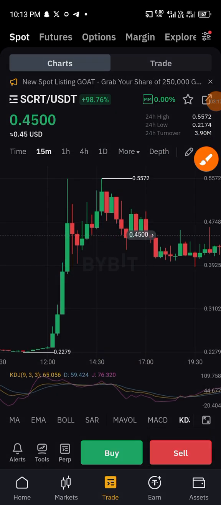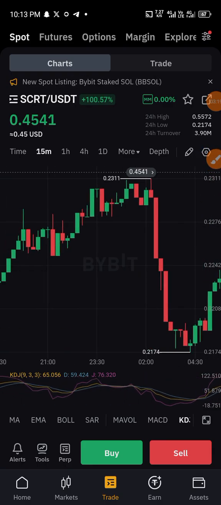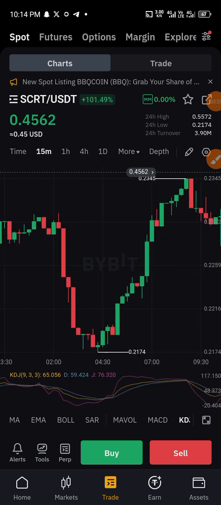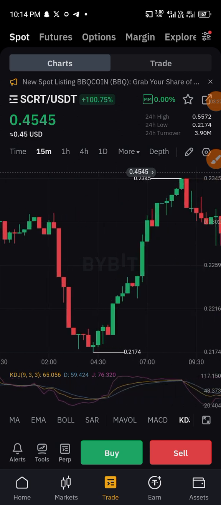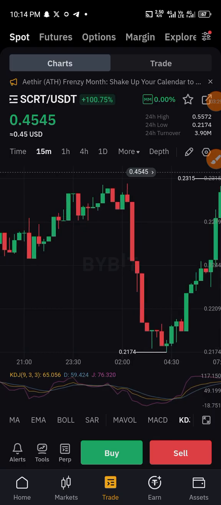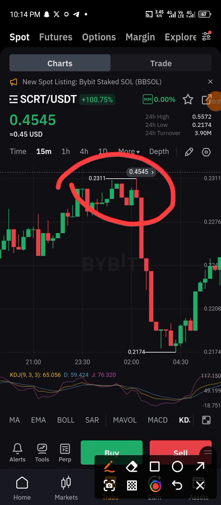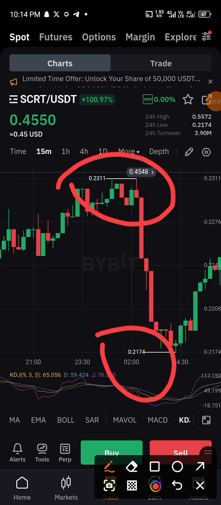Coins like this, you look from the back at how it has been doing. You can see each time it declines, it moves higher than its previous volume. It was at a high of 0.23, then it declined to 0.2. It dropped 2 cents.